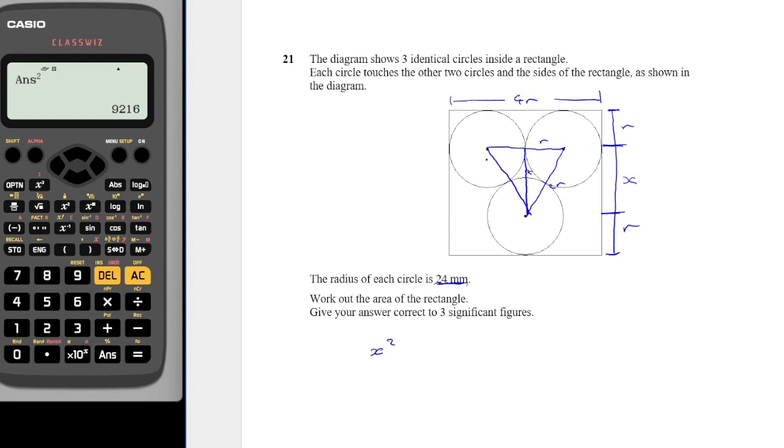So x squared is going to be equal to 2 lots of the radius, 2r squared, minus the radius squared. So I'm just getting a little bit lost in my head here.